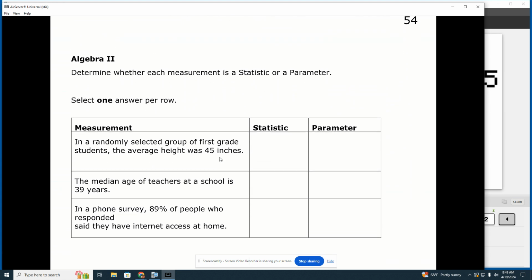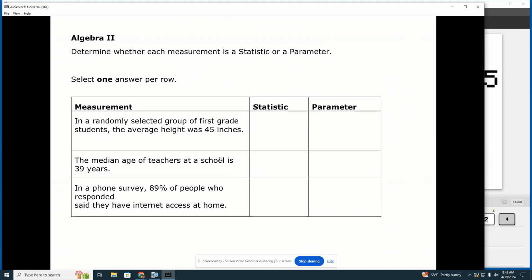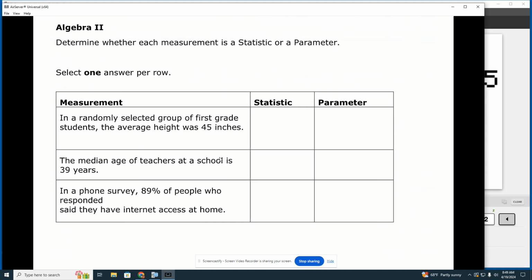I thought this one was pretty hard, number 54. You have to understand the difference between a statistic and a parameter. A statistic is when you're only able to get a certain sample, but a parameter means you're able to reach the entire audience. On the first one, in a randomly selected group of first grade students, the average height was 45 inches.